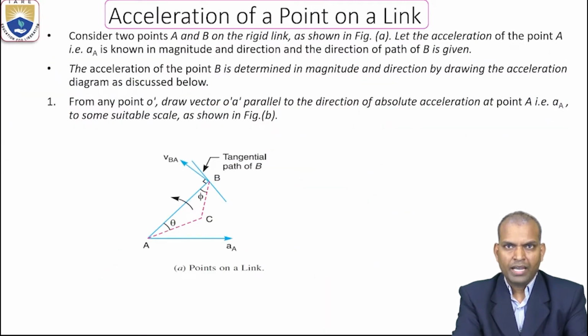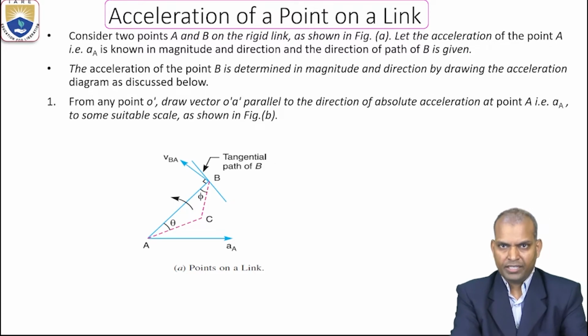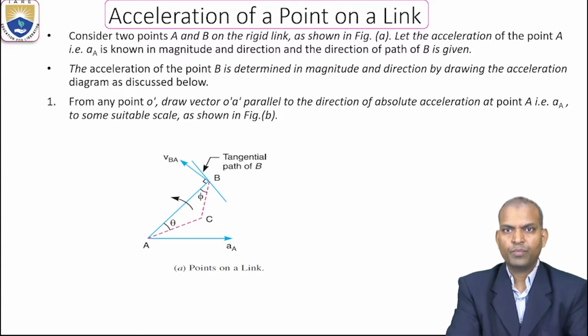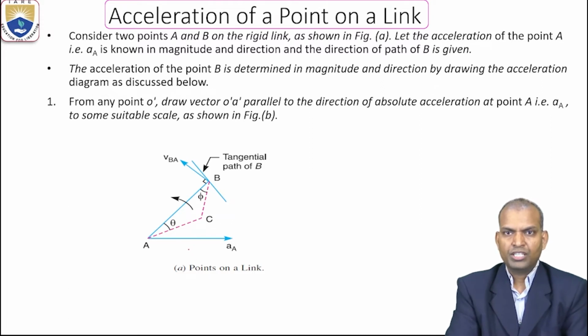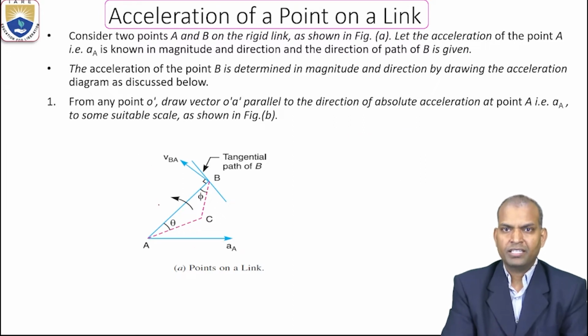Now, acceleration of a point on a link. Again, we are considering the acceleration of a point on a link. There are 2 points. Let us read, so we'll understand better, step by step, as we draw.